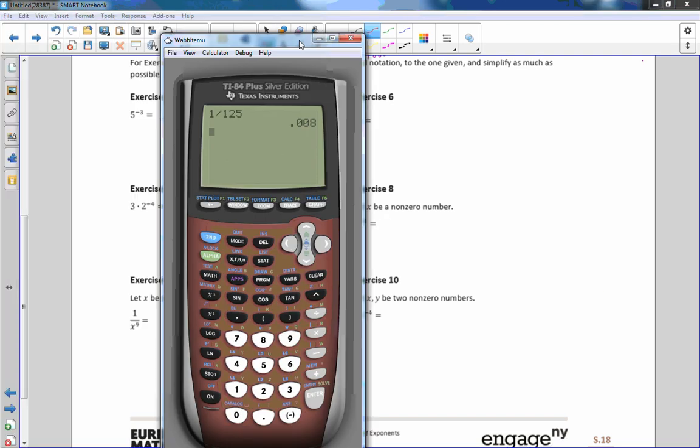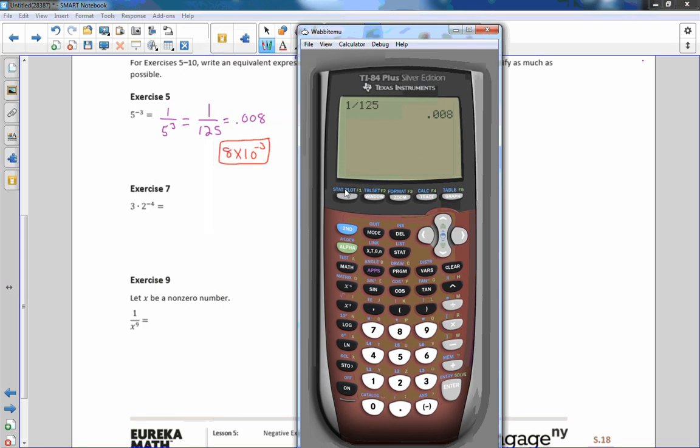So let me move this over here so you can see both things. If I put in 5 to the power of negative 3, I get 0.008. If I put in 8 times 10 to the power of negative 3, I'm going to get the same 0.008. Okay?